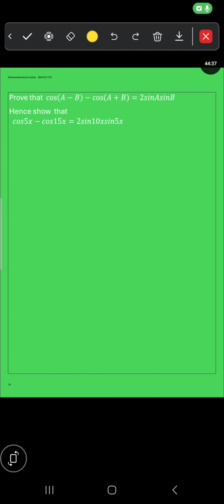Now we look at this. It says hence show that cos 5x minus cos 15x is equal to that.